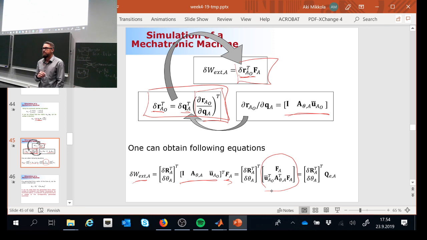And this force is now expressed by using generalized coordinates. That's why this vector here will be called a vector of generalized externally applied forces. Generalized comes from the fact that we are using generalized coordinates to express that externally applied force.